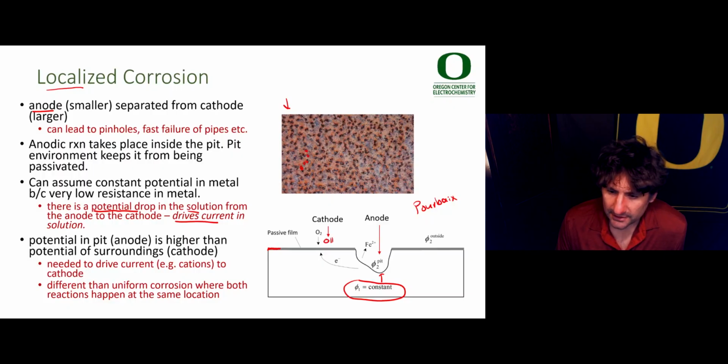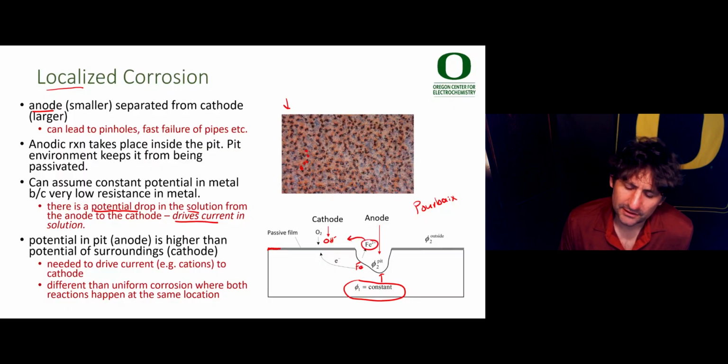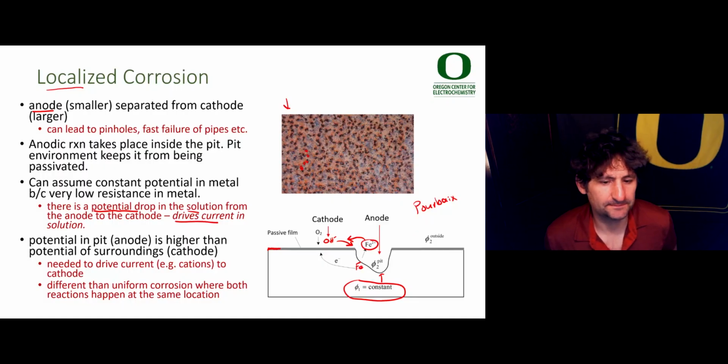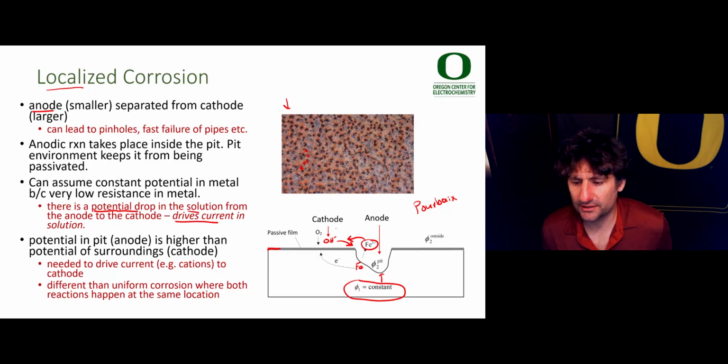So we're making hydroxide, for example. And when we dissolve iron, we're making iron 2+. So there's a driving force, right? To complete the circuit, we need to have positive cations move outward and negative ions inward. Okay. And that's how we're going to complete our electrochemical circuit. So we need to have current being driven in the electrolyte.